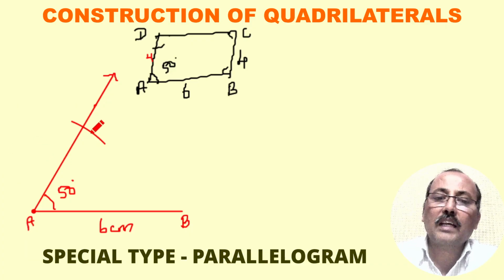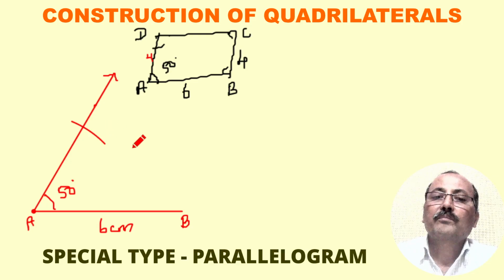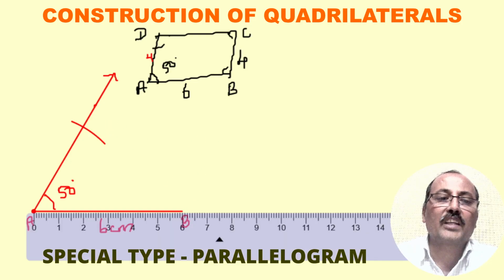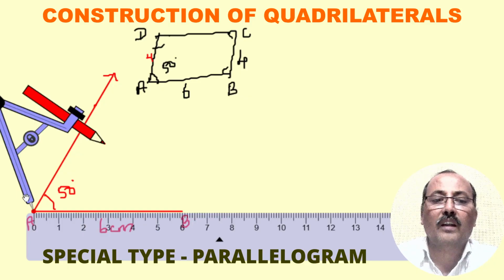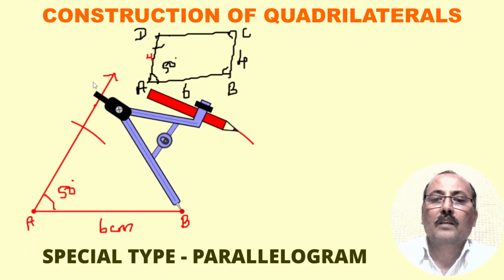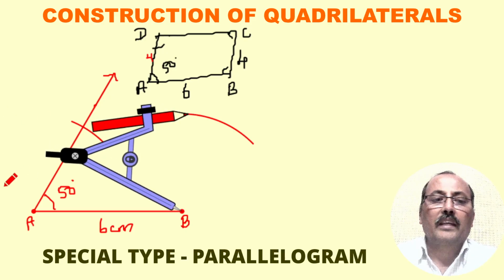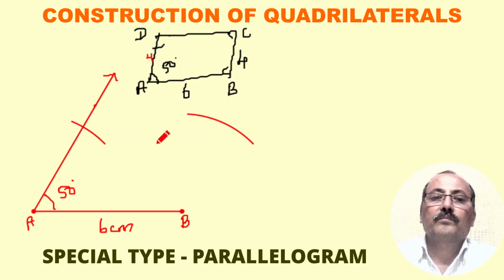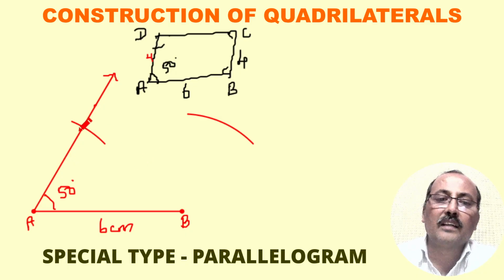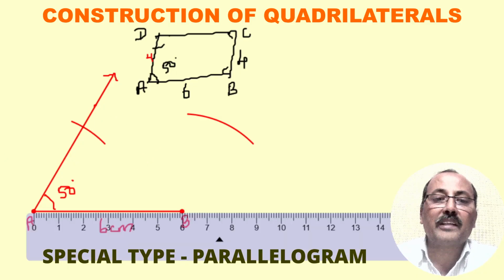Okay, now what has to be done? Here we will draw 4 centimeter. The same 4 centimeter arc, draw an arc from here to this. Next, from here take 6 centimeter.